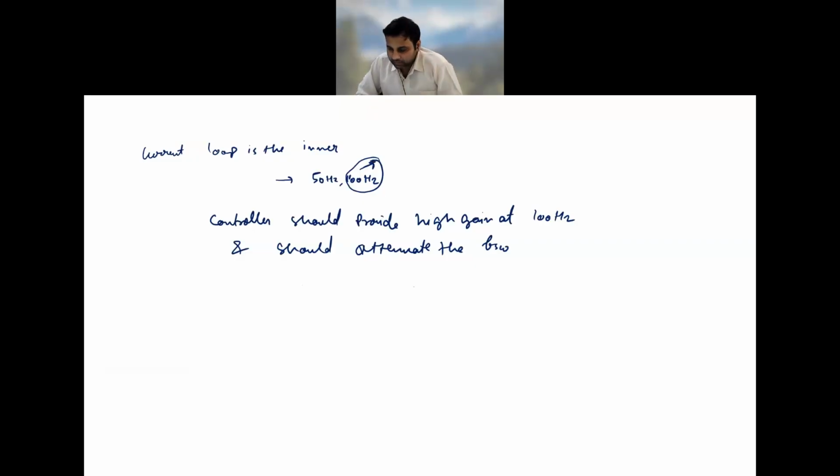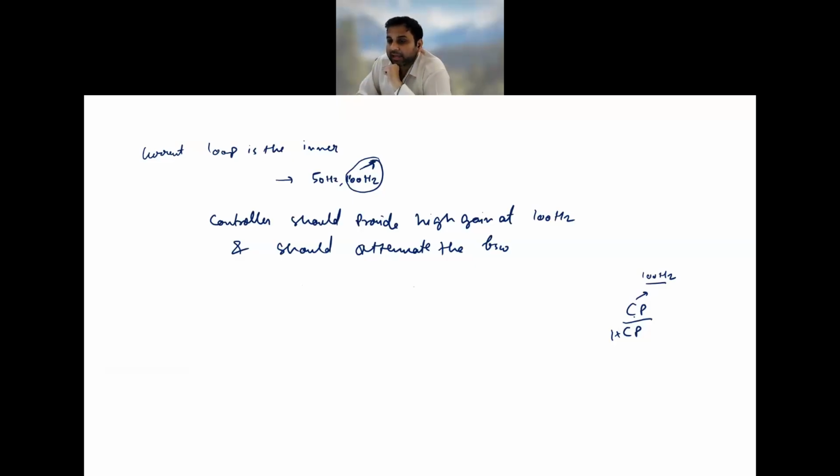Now since you have to track the 100 hertz, from our discussion, CP by 1 plus CP, where C is the gain provided by the controller and P is the gain provided by the plant at that particular frequency. We have to ensure that at that particular frequency, if you want to track 100 hertz, your controller must have a high gain at that frequency of your concern.